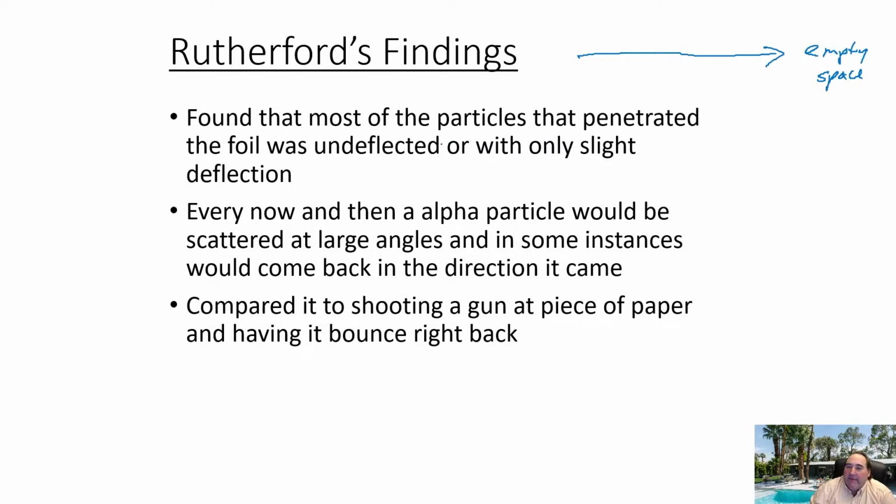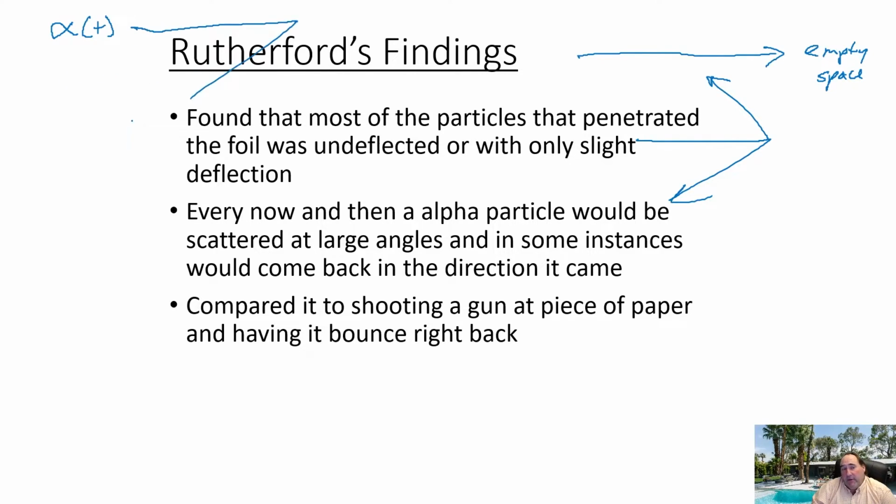But when we have these particles that are sailing this way and then bouncing off at these really large angles, clearly it had to hit something. So what could have hit? What was really there to get in its way? Well, we also want to think about what we were shooting. We were shooting alpha particles, which are positively charged particles.